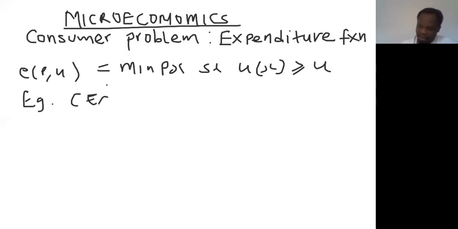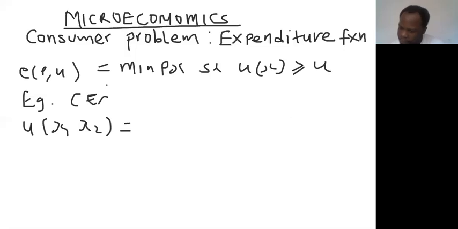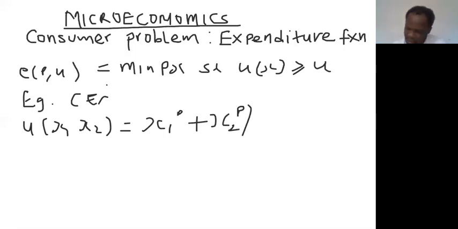The utility function of x1, x2 is equal to (x1^φ + x2^φ)^(1/φ). Great. So this is the utility function that we have, and we've been asked to derive the expenditure function from this.